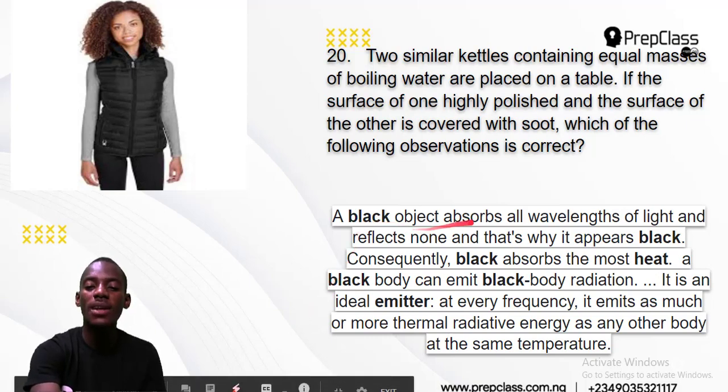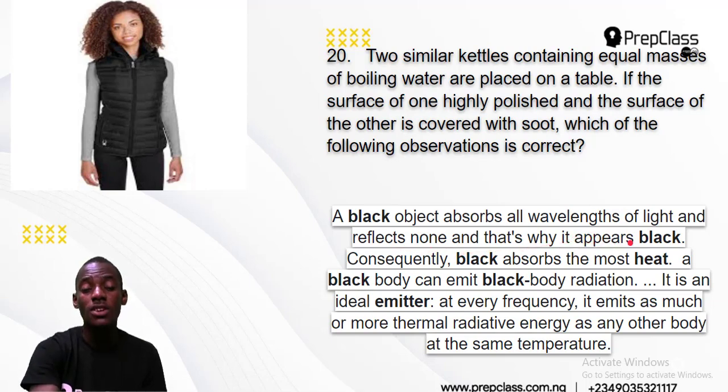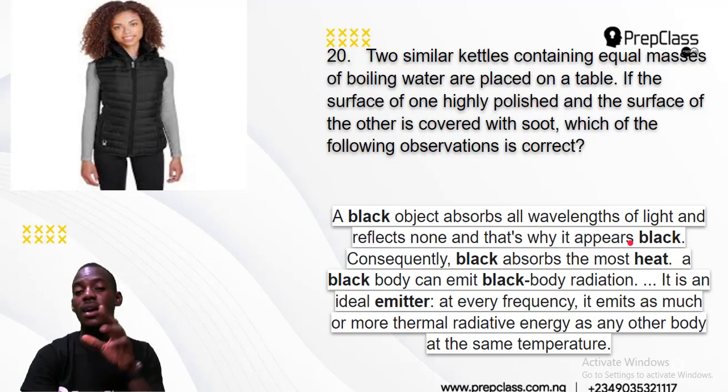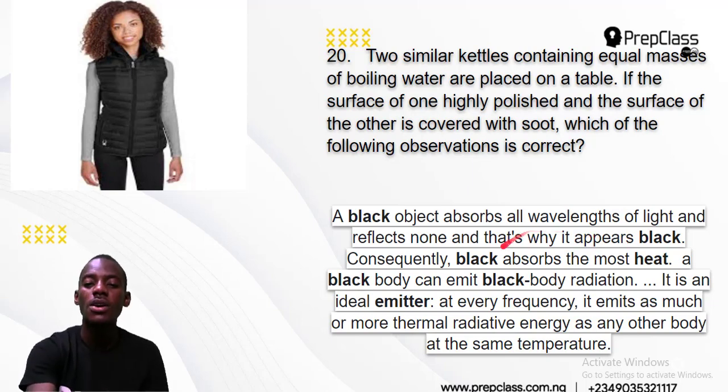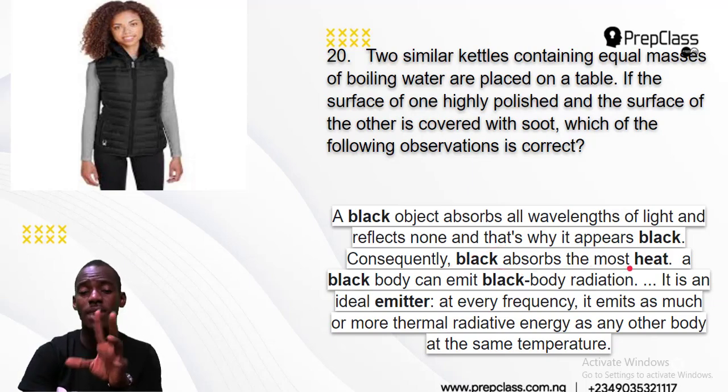A black object absorbs all wavelengths of light and reflects none. That's why it appears black. So the reason why we can see the color black is because black absorbs light and heat. Consequently, black absorbs the most heat. So that kettle with soot is black. It absorbs more heat.